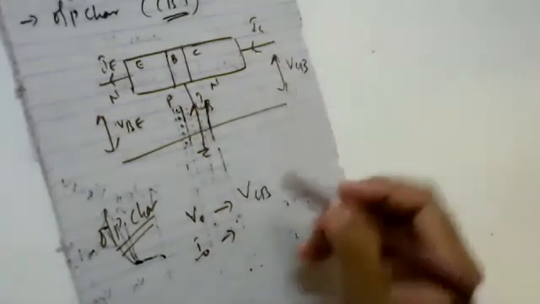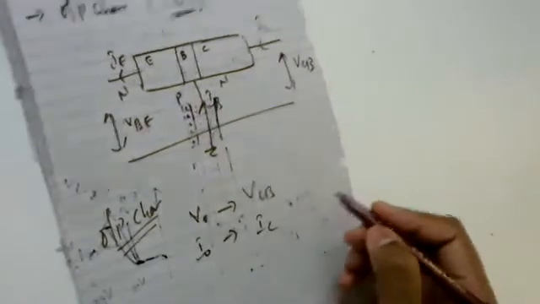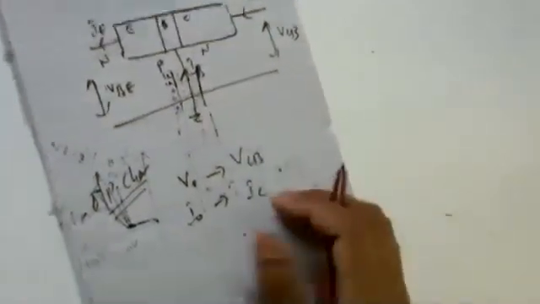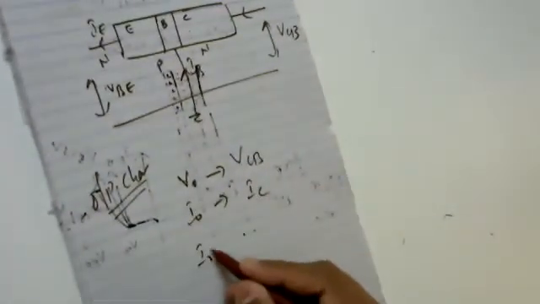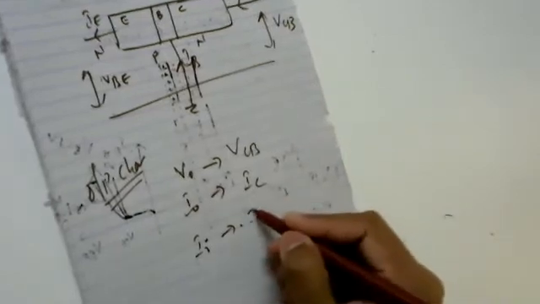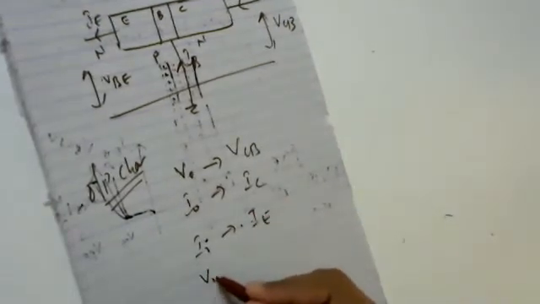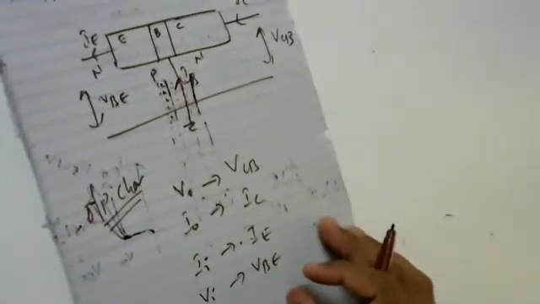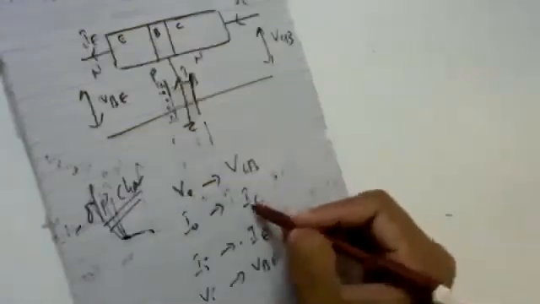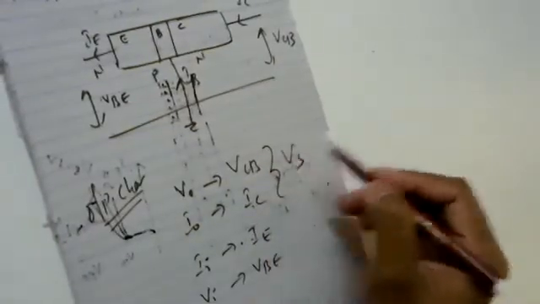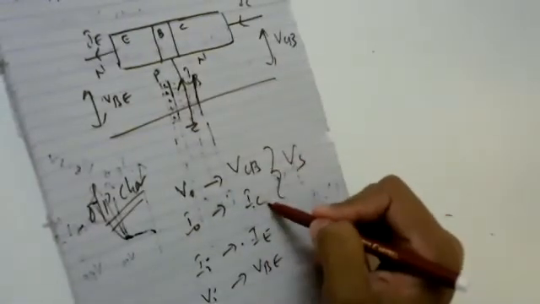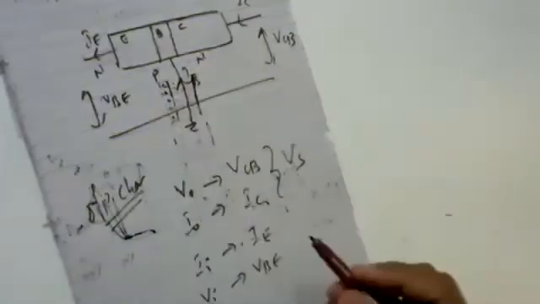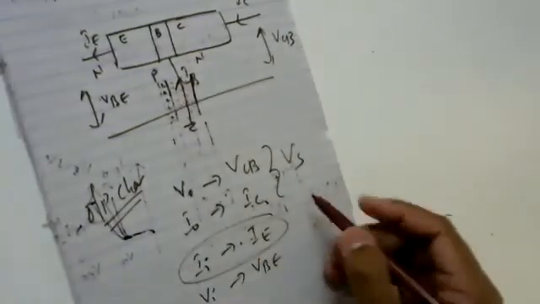My output current is IC, my input current is IE, and my input voltage is VBE. Now I am going to plot output voltage versus output current for different values of input current.